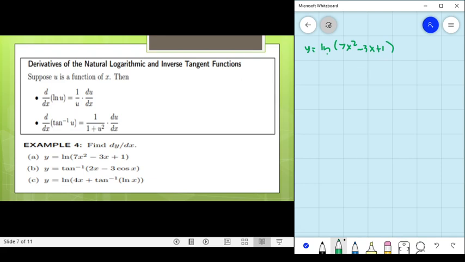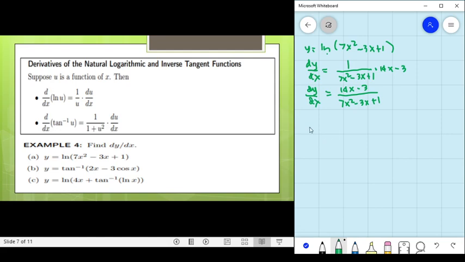Using this formula to find dy over dx, it should be equal to 1 over 7x squared minus 3x plus 1 times the derivative of the inner, which is 14x minus 3. So simplifying, it should be 14x minus 3 all over 7x squared minus 3x plus 1. So this will be the answer for dy over dx.